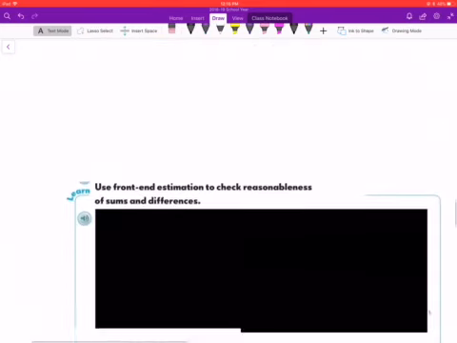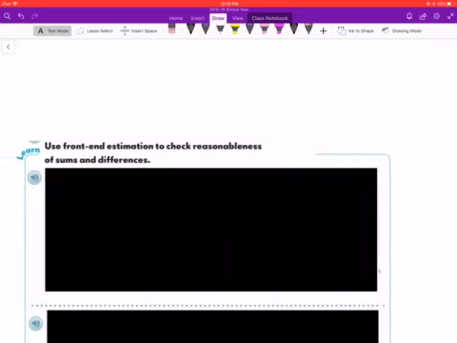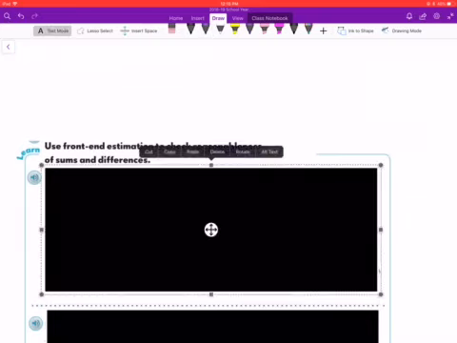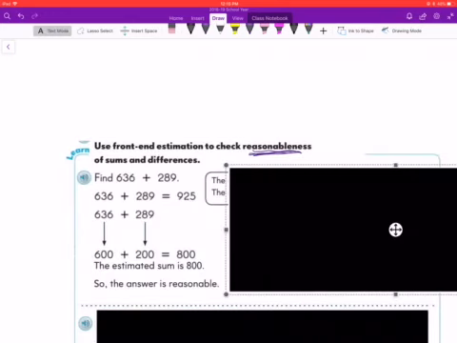So now let's take a look at some sums and differences and check reasonableness. Remember, reasonable means the answer is close to the estimate. We're working this time with 636 plus 289. If we added those together, the real answer would be 925. So if I do a front-end estimation just to see if it's around that, I would take that greatest leading digit, drop it down, and put the zeros after it.